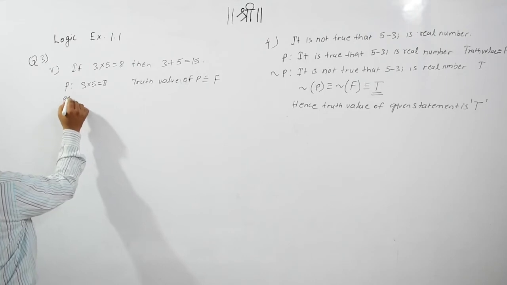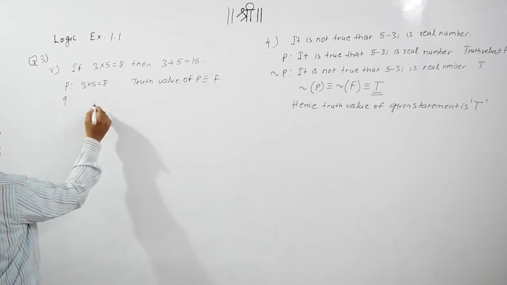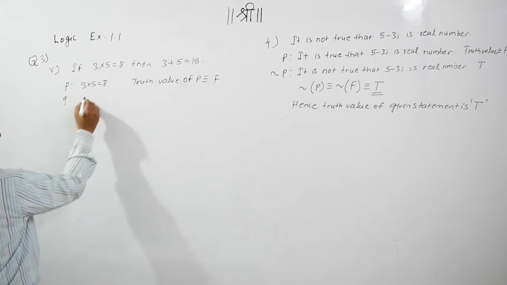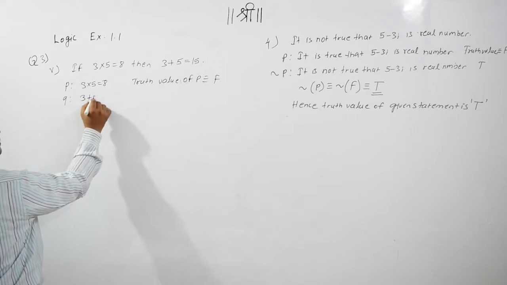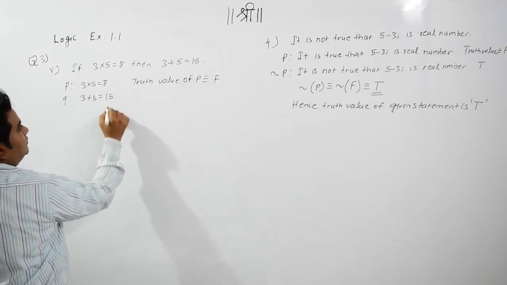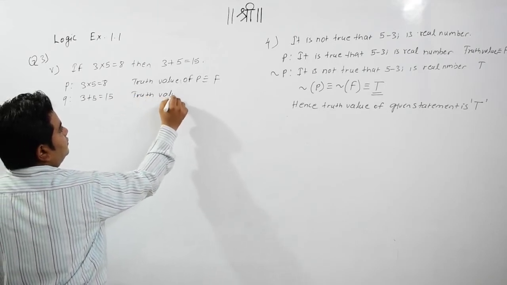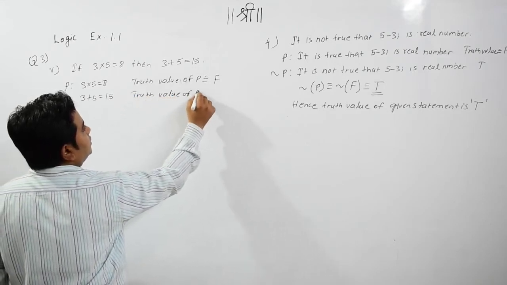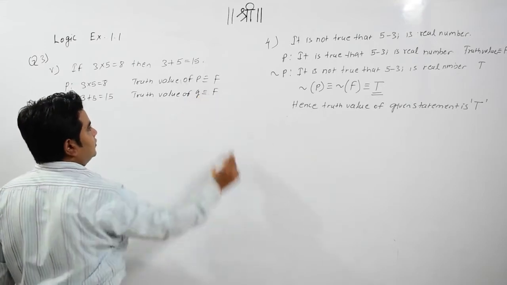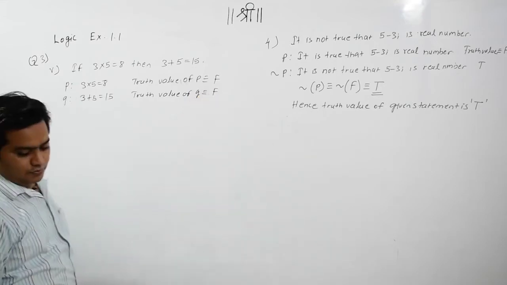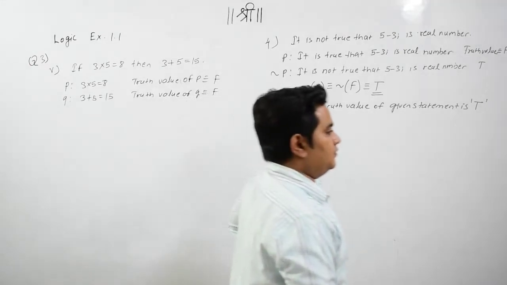Now Q says something very interesting. What is that? 3 plus 5 is equal to 15. So again, the truth value of Q is equivalent to false. Look at it properly. It is false.